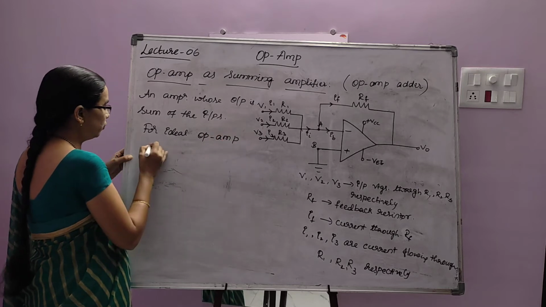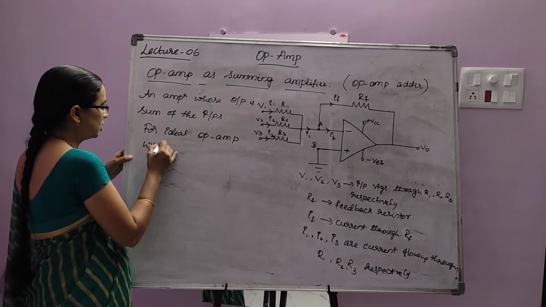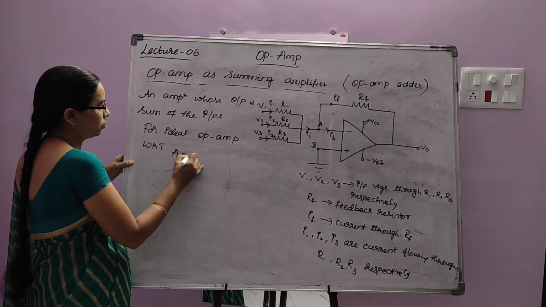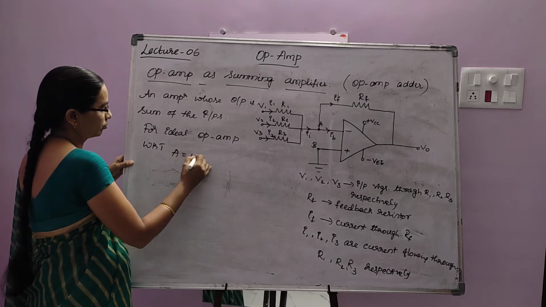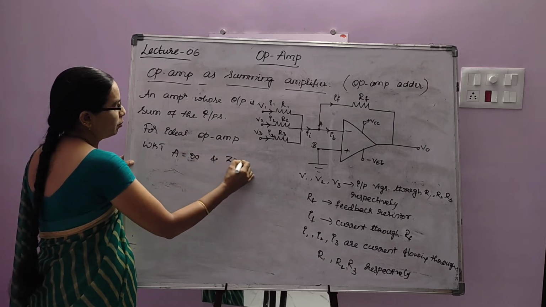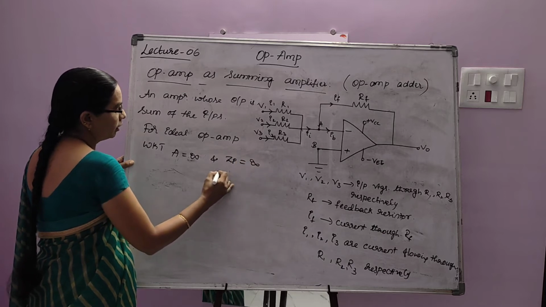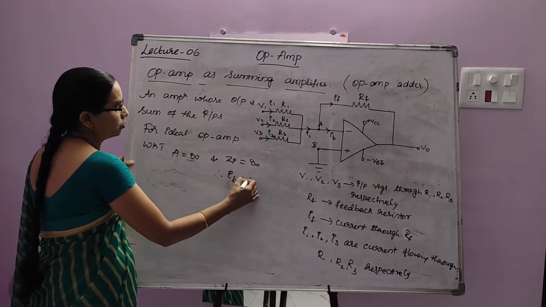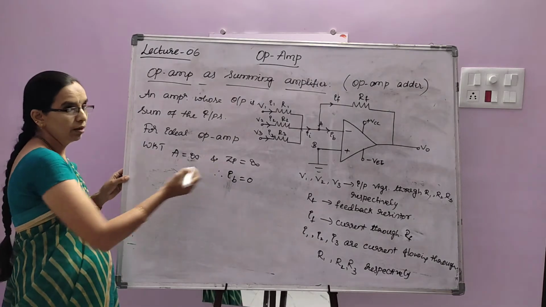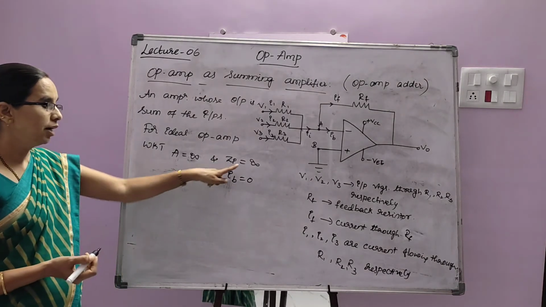for an ideal op-amp, we know that gain is equal to infinity and input impedance is equal to infinity. Therefore, IB is equal to 0, because input impedance is infinity.